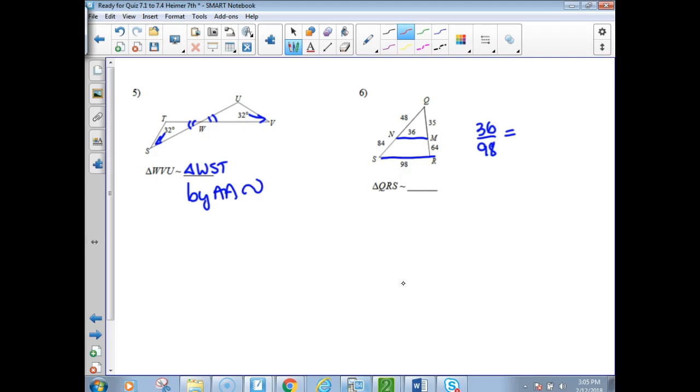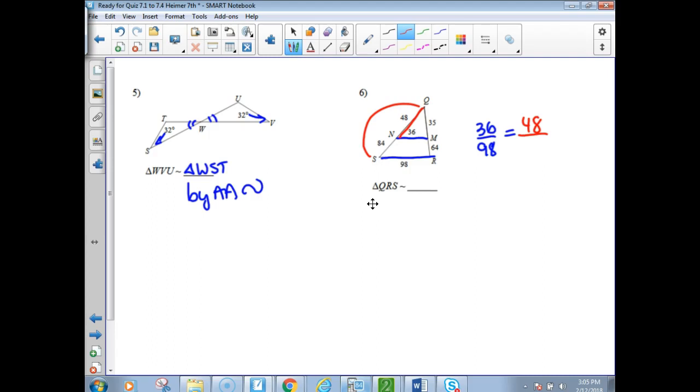Okay, we need to listen and focus for a moment. Look up. Come on. I just compared 36 to 98. If I start with 48, what's the bottom number need to be? Can't be 84, I'll tell you that.